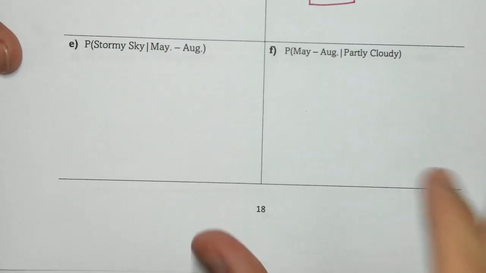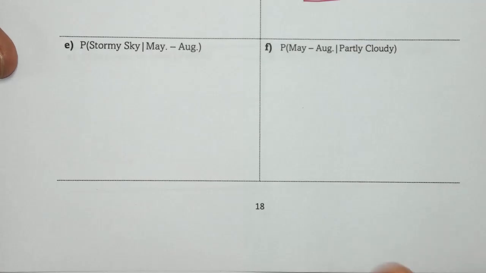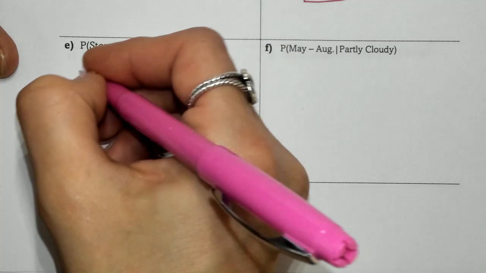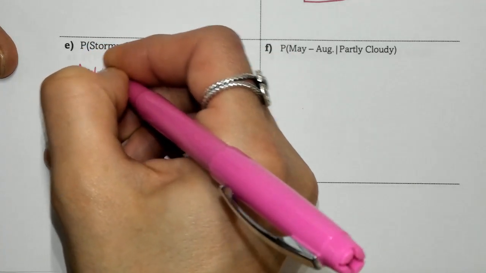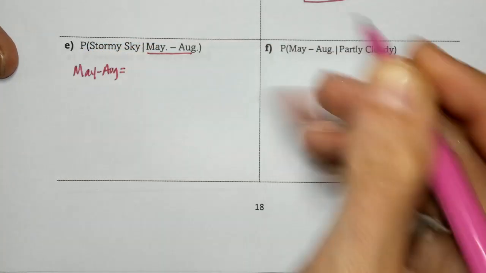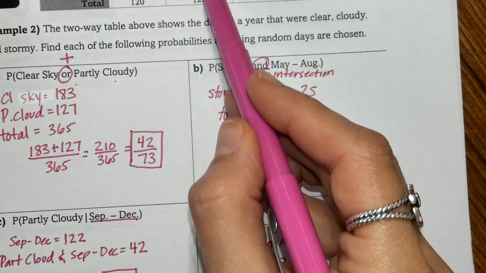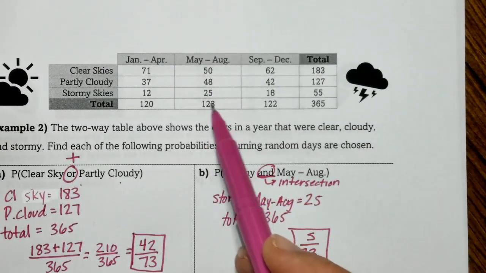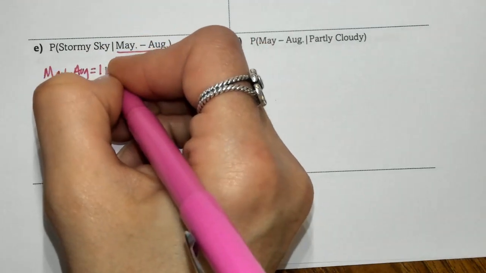Next, stormy sky, given that it is May through August. First we figure out how many days we have that are May through August. We have a total of 123 days.